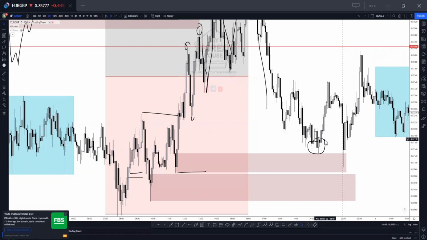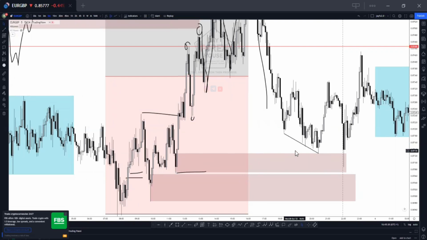Okay. Now you have seen that this guy came close to this POI but failed to mitigate it. Now I taught you guys also about the minor POIs and the major POIs, right? The high probability POIs. This guy is high probability because he has the inducement already. But this is not, because nothing has been formed yet. But then we see this happening right here, which did not break any structure. And this reaction that came from it never really mitigated the POI.